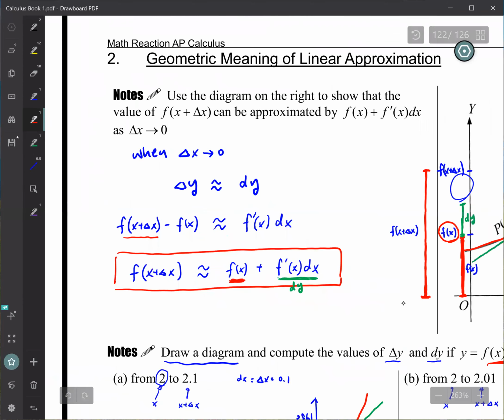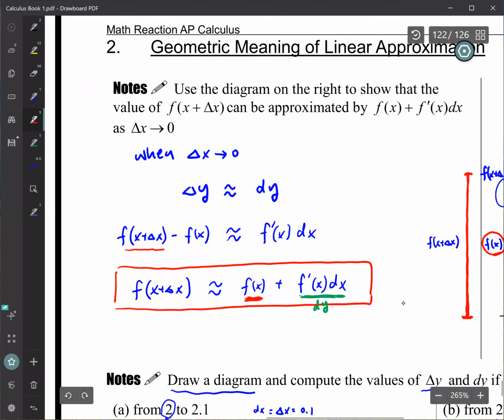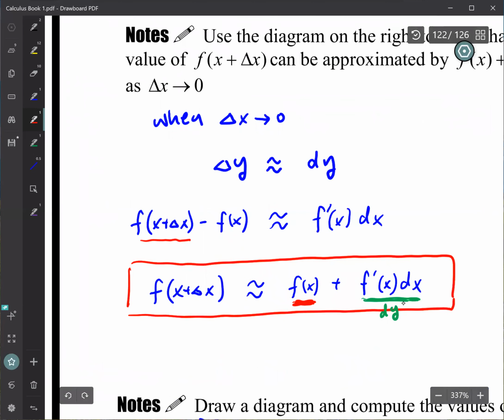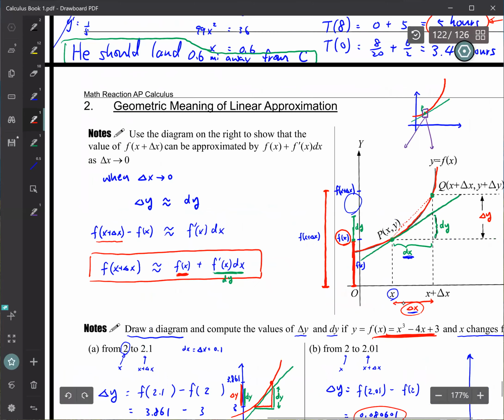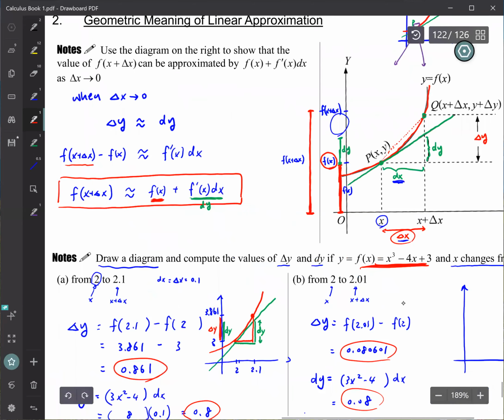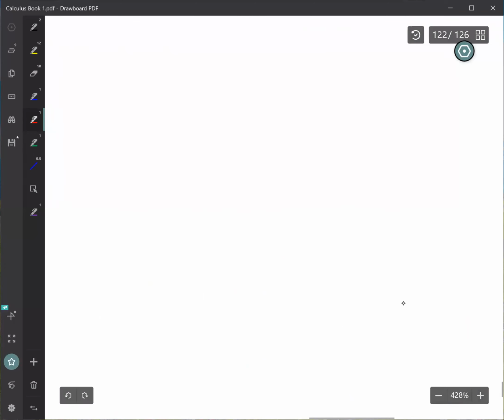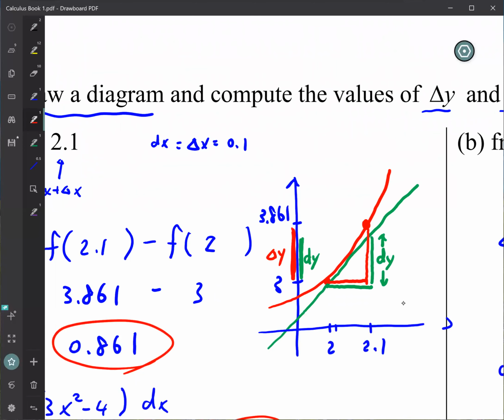And then the next line is to apply the formula: we isolate the y value. On the next page, we are going to use this formula to estimate. Our goal is to find this value, the y value.